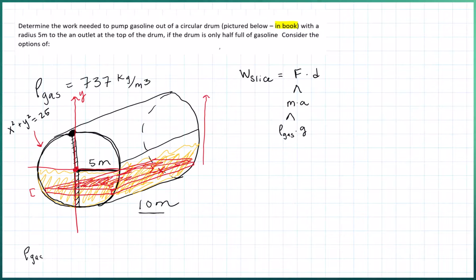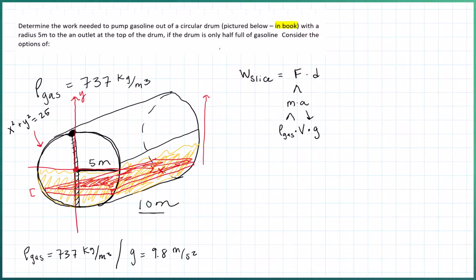So the density of gas is 737 kilograms per meter cubed, and my gravitational constant is 9.8 meters per second squared. So I'm going to carry those two constants along while I'm keeping the rest of my content. I actually made a mistake right there. Acceleration is gravity. I jumped ahead. I wanted to get my two constants in there.